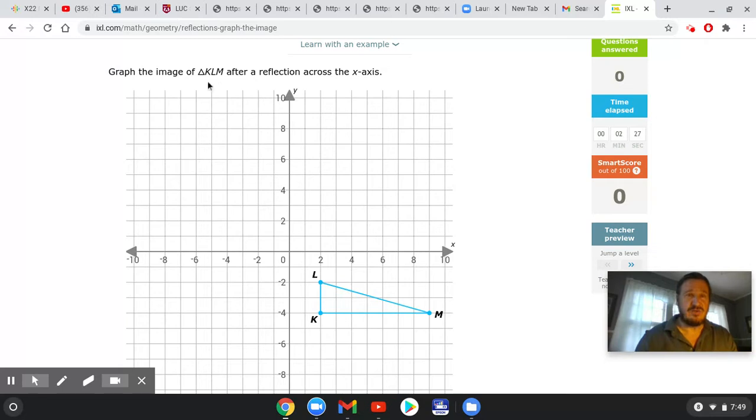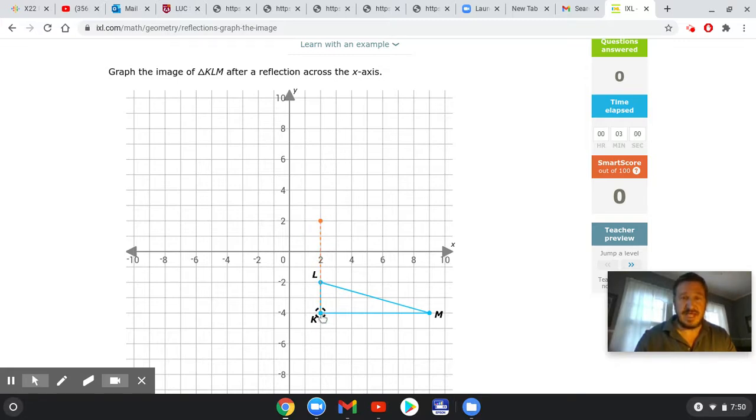It says, graph the image KLM after reflection across the x-axis. The x-axis is this one. First we look at letter L. L is 2 going up this way, so it should be 2 going down this way. Let's make that one.